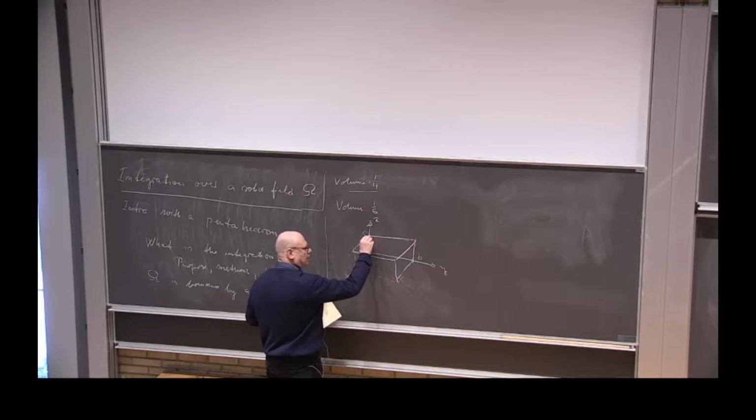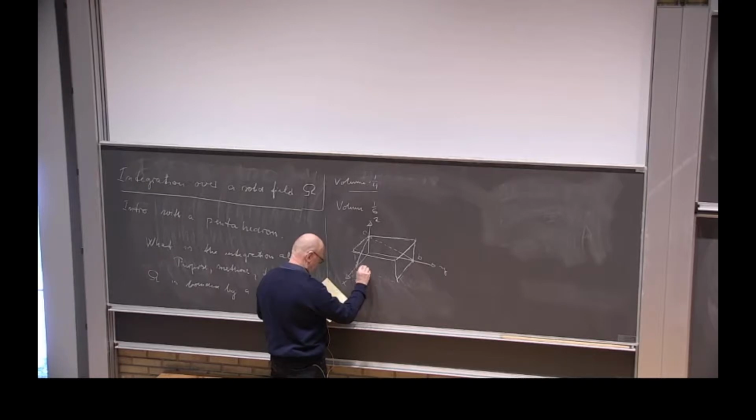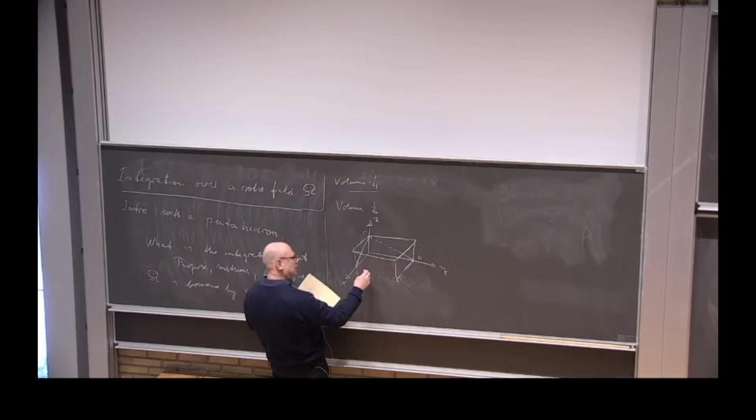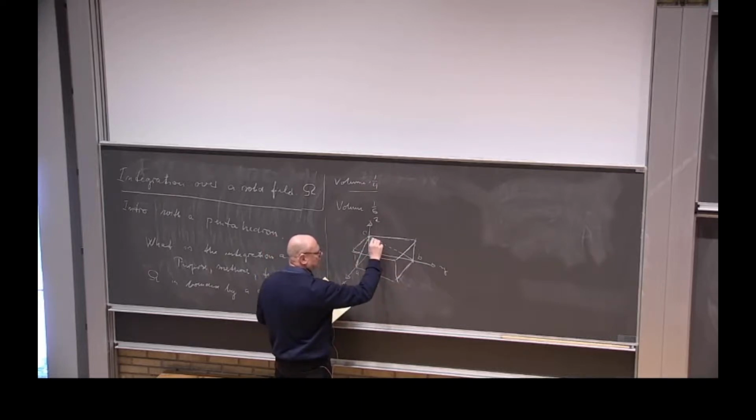So I cut along this diagonal here, and then I cut along this diagonal here. And then I remove everything from the top. So I am left with this pentahedron.